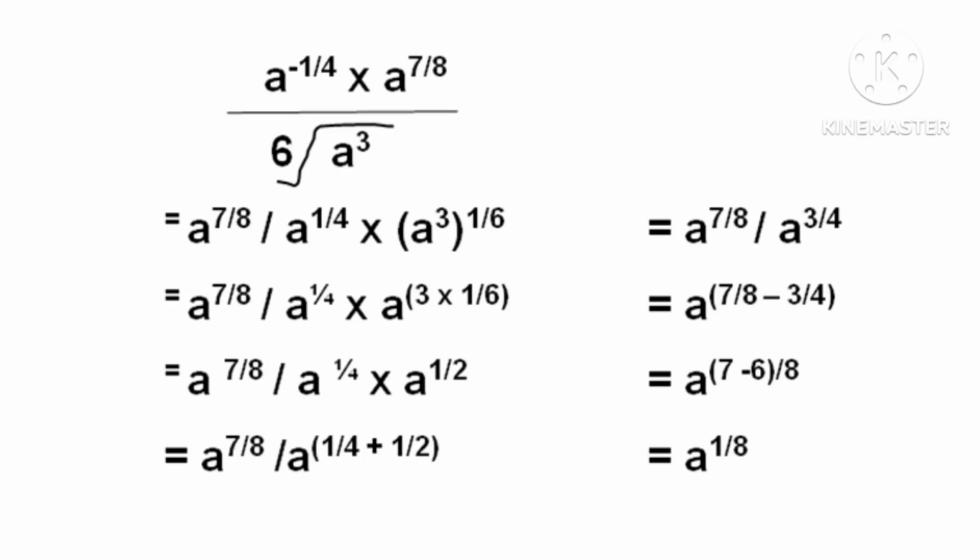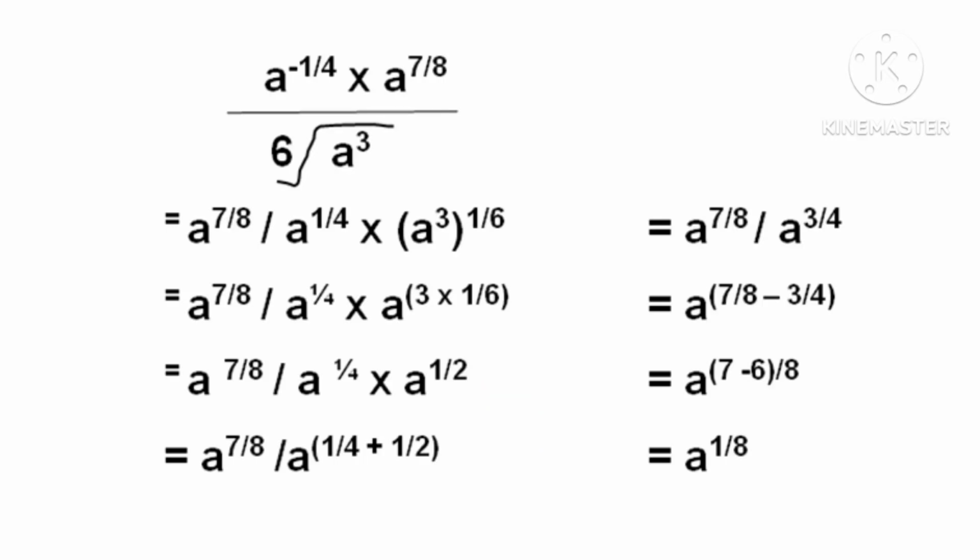3. In place of a raised to 3 raised to 1 upon 6, write it as a raised to 3 multiplied by 1 upon 6. 4. 3 multiplied by 1 upon 6 is equal to 1 upon 2. 5.